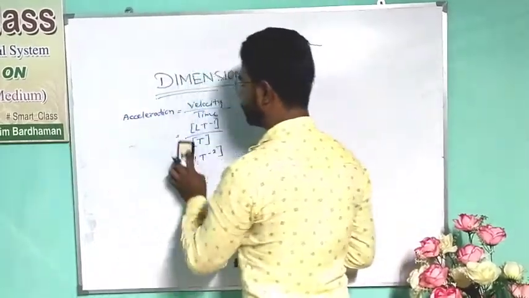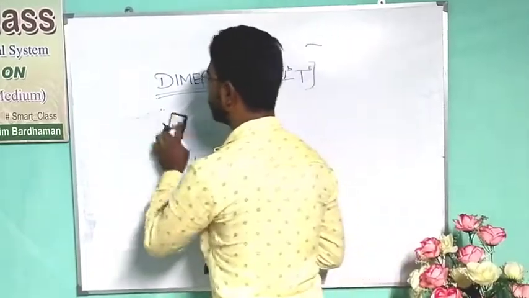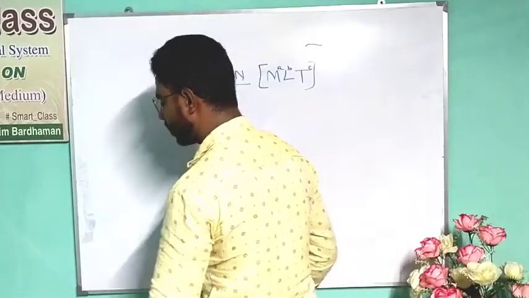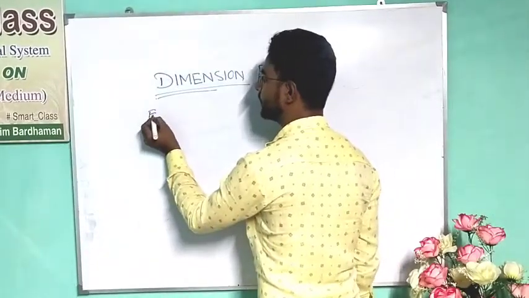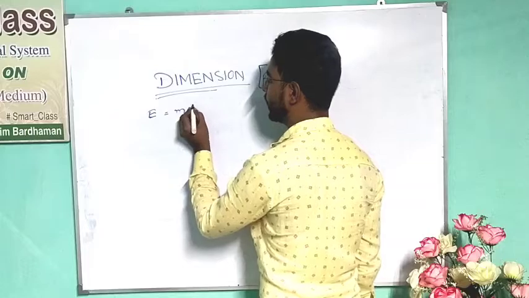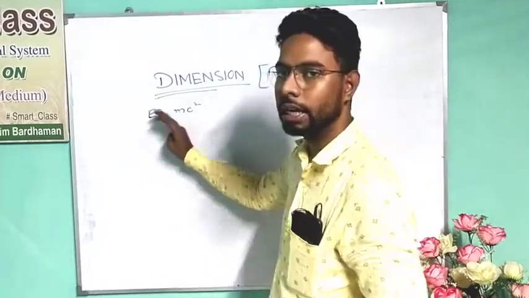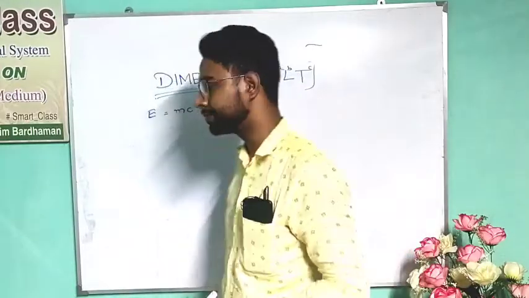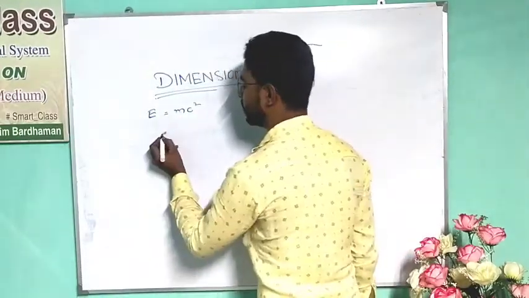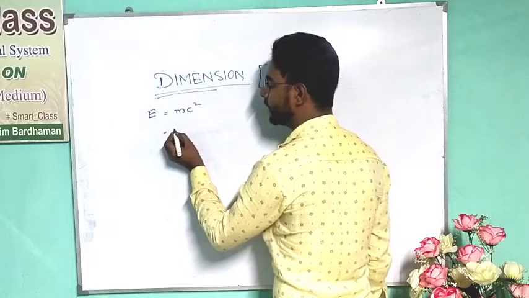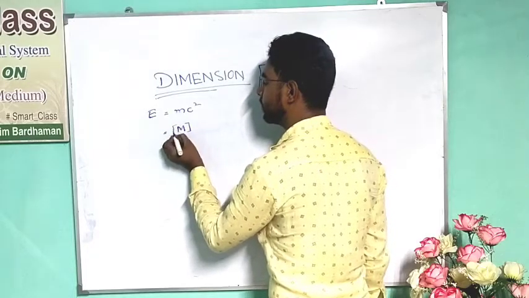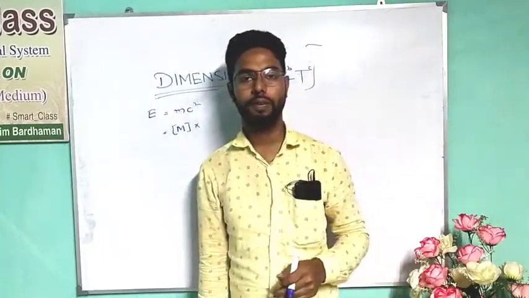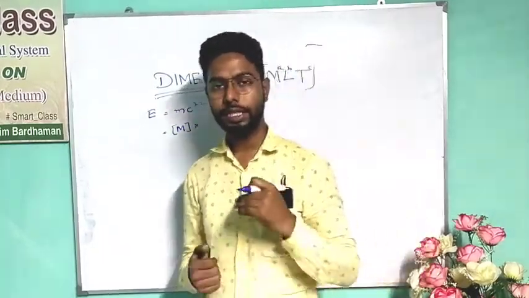Now we are going to find the dimension of energy. The formula of energy, which Einstein gave us, is E equals mc square. E means energy, m stands for mass, and c is the velocity of light. We have mass, so we put m.